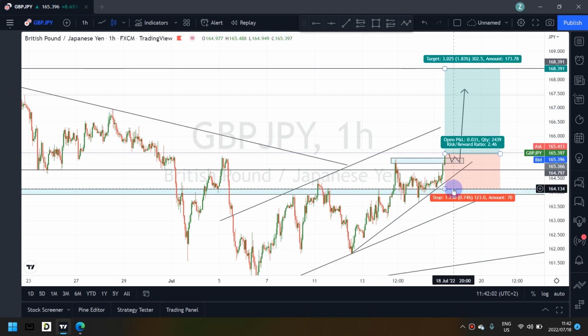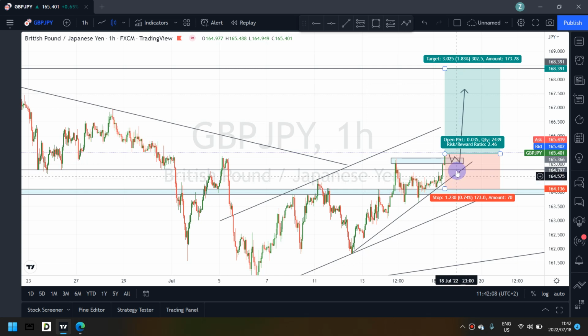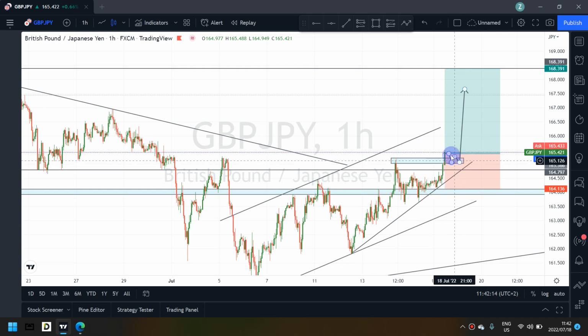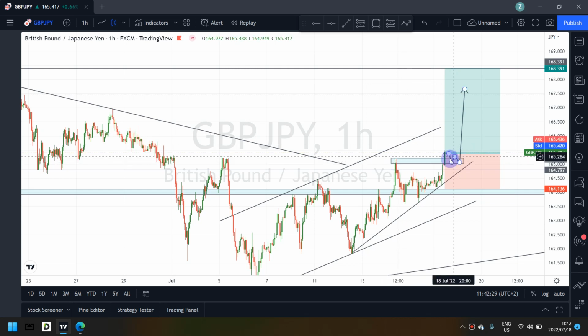The reason being our stop loss at this zone right here is because we have our strongest key level and we also have this minor zone. So if the market doesn't respect the zone, it would respect this key level. Then if the market doesn't respect this key level and breaks out and stops us out, it means that it was a fake out.